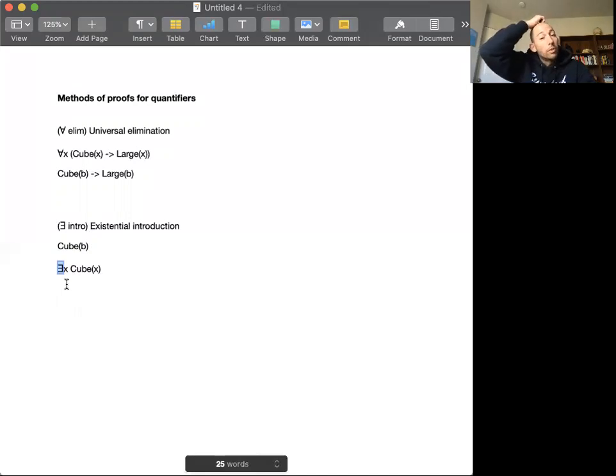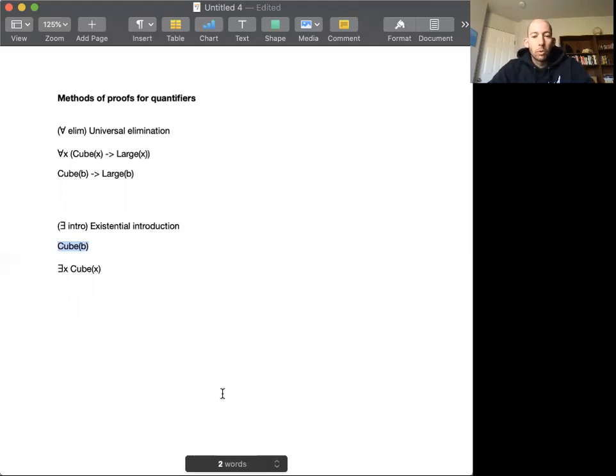We're not moving to the universal introduction. And this makes, I think, intuitive sense. If you know that b is a cube, well, then you know there is at least one thing that is a cube. Okay, so those are the two basic ideas behind universal elimination and existential introduction.